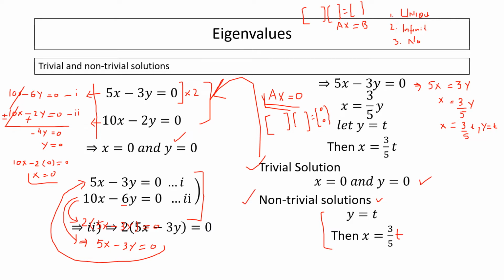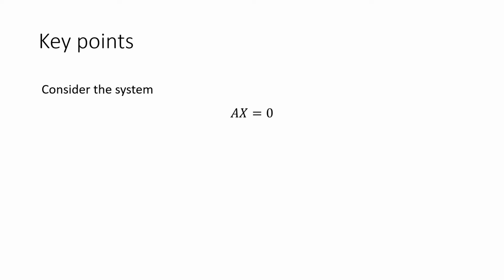In this case the solutions are named as trivial and non-trivial. Let's go to an example. Okay, key points. So we need to keep these key points with us for Ax equals 0.